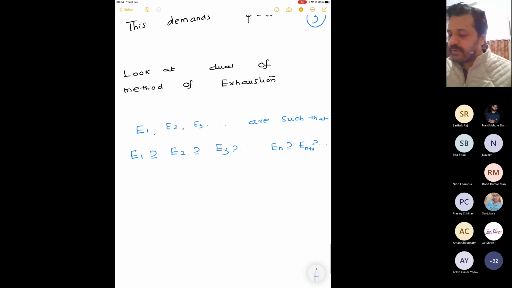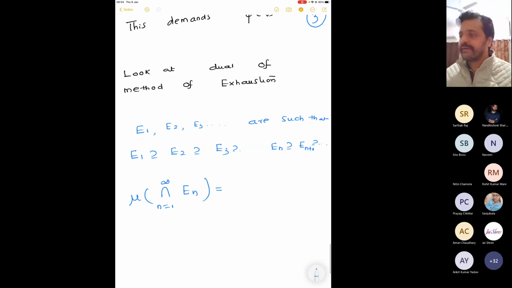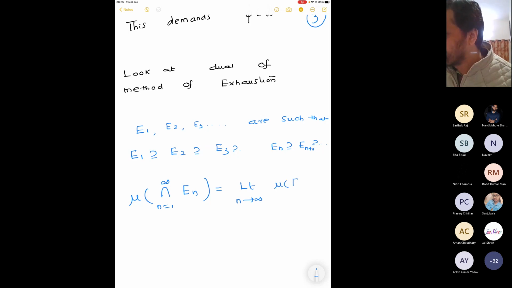So I want mu of intersection n is equal to 1 to infinity of En to be equal to what? Limit n tending to infinity of mu En. Okay. So the question is, why only always inscribe? Why not circumscribe? You can do that and you will get this.